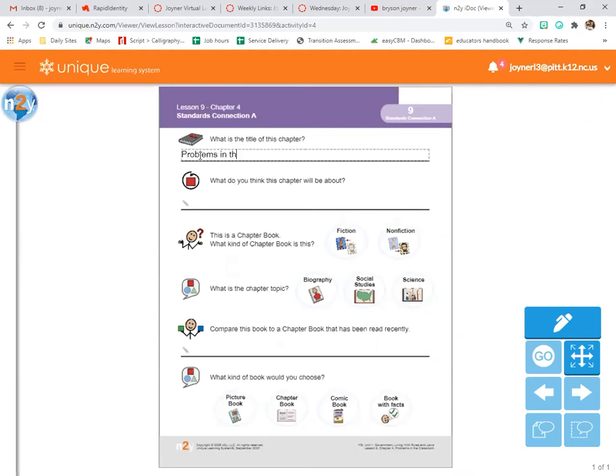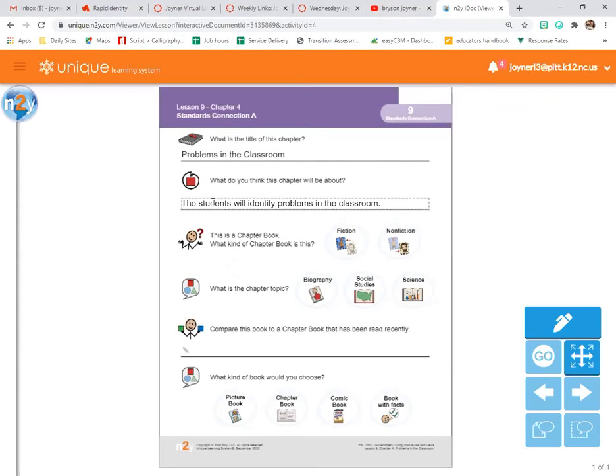Problems in the class. And what do we think this problem's going to be about? Or what do you think this chapter is going to be about? My guess is the students are going to identify problems in the classroom.